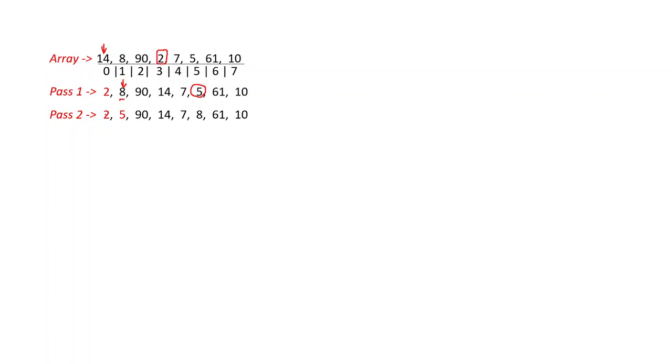Whatever happens, we are not doing anything with these positions. 2 is already in its position, 5 is already in its position. So, if we consider the whole array A, we might form a partition where this is the sorted part of the array and this is the unsorted part of the array. Now in the unsorted part of the array, this is position number 1, right?